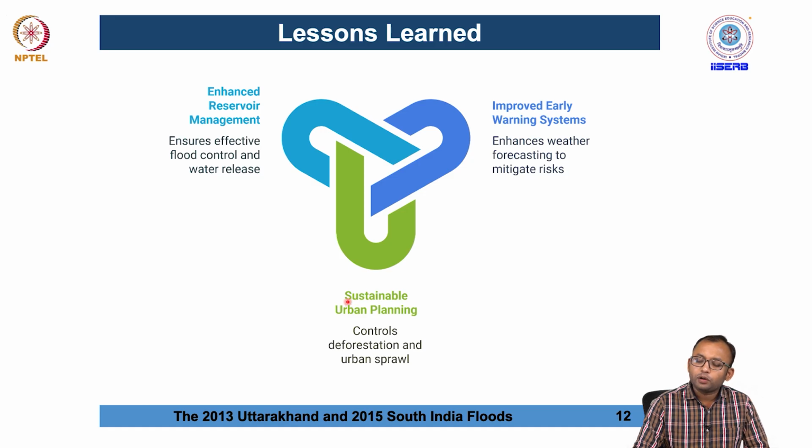Sustainable urban planning also supports controlling deforestation. We don't have to cut down all the trees in a city. We should have at least some forested region, so that it can reduce the velocity of flood if any kind of urban flooding occurs. And then we can also have controlled urban sprawl.